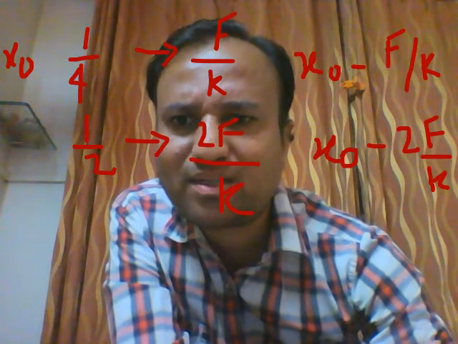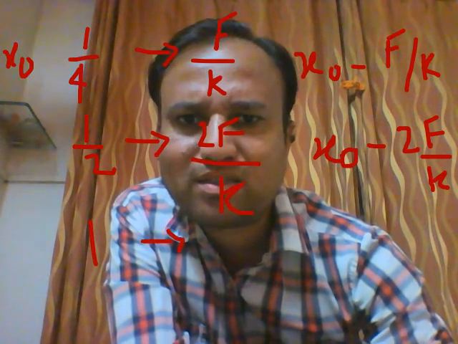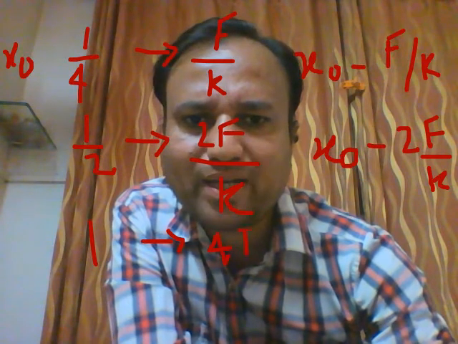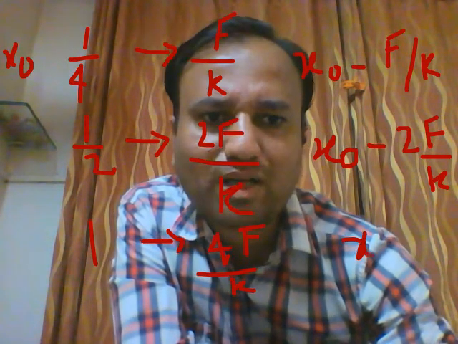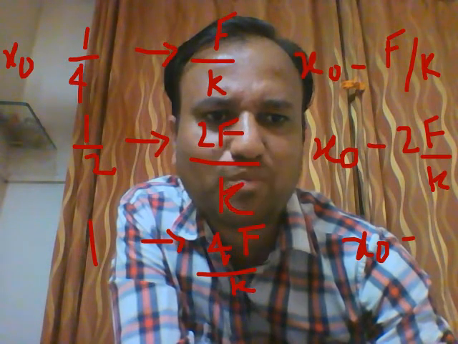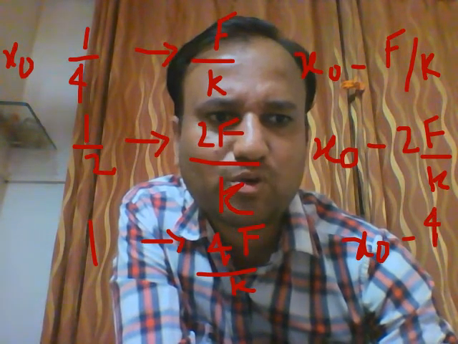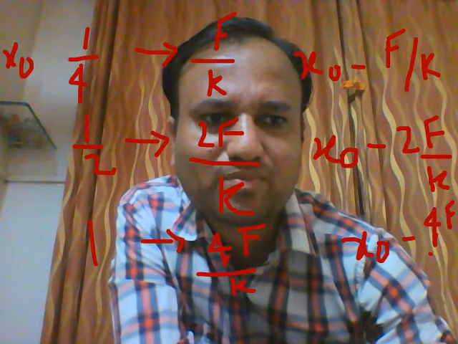For complete cycle, it will be 4f by k. So the decay in amplitude will be 4f by k from x0.